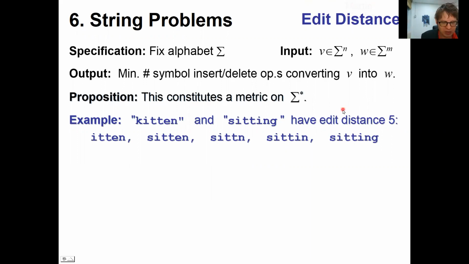But for now, let's wrap up this session and recall what we've learned so far. We've discussed string problems. We've discussed the Knuth-Morris-Pratt algorithm, which is an improved algorithm for pattern matching that improves over the naive algorithm from quadratic to linear time.